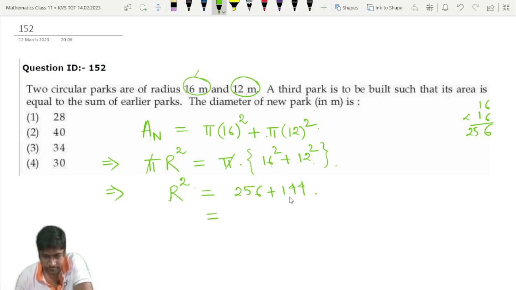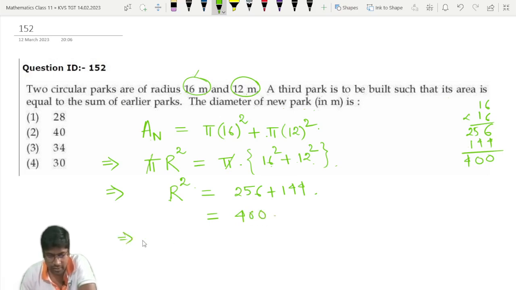If we add them, we get 400. R square is equal to 400, so R is the root of 400, which is equal to 20.